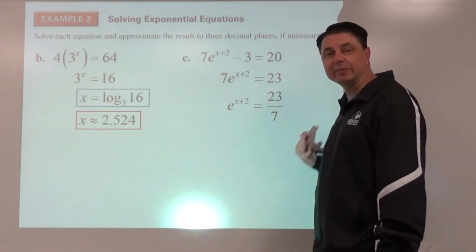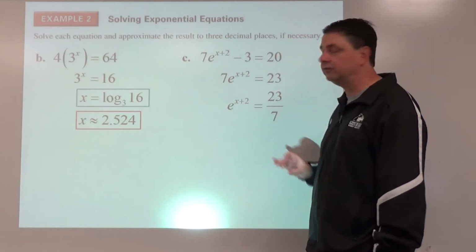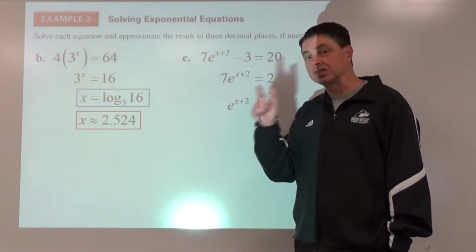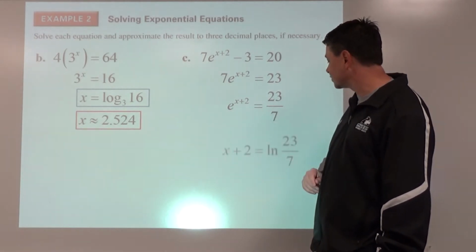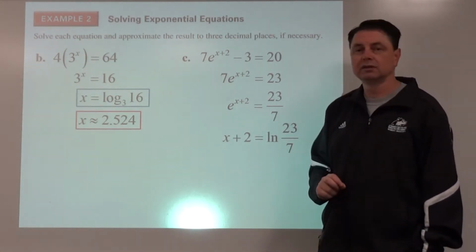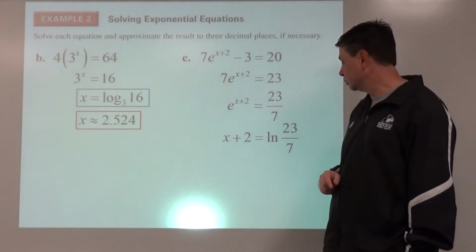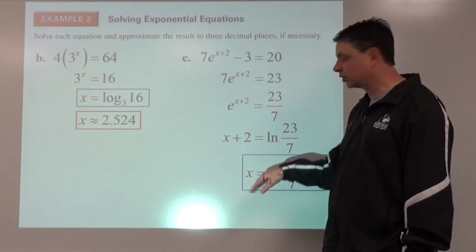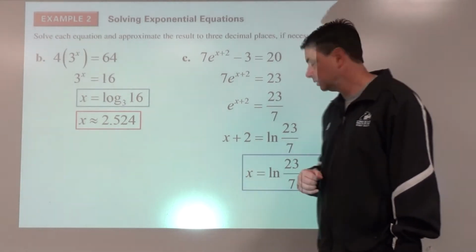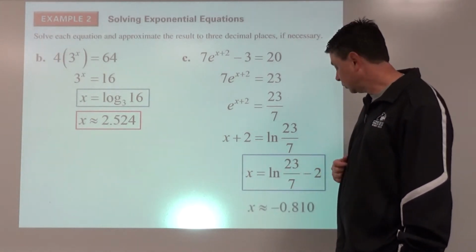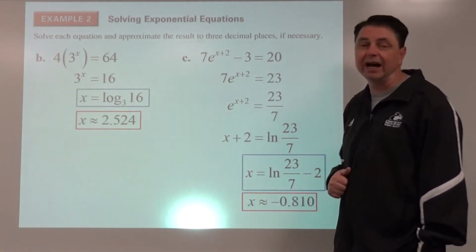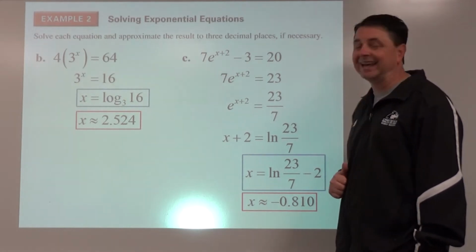So the right side becomes log base e of, and log base e is just the natural log. So maybe we could just say x plus 2 equals the natural log of that, and then we can subtract 2 from both sides. So there's our exact answer. Let's make sure you carefully type that into your calculator. We should get x is about negative 0.810.